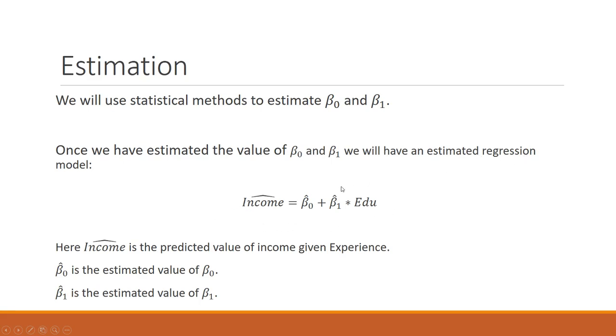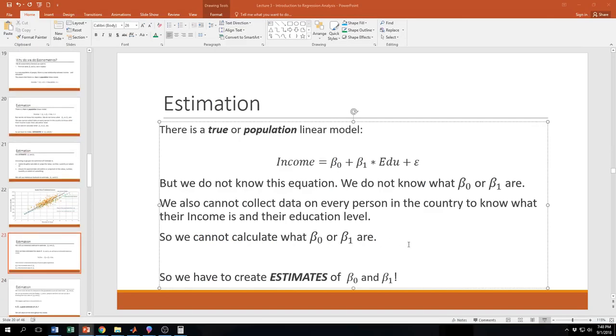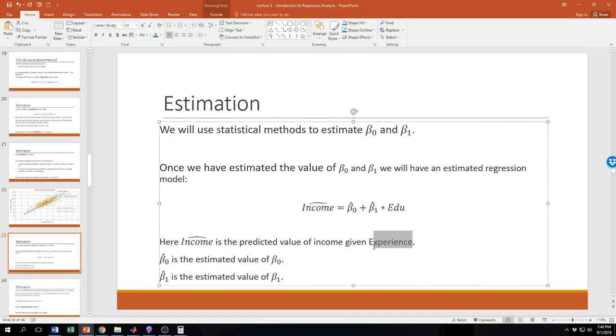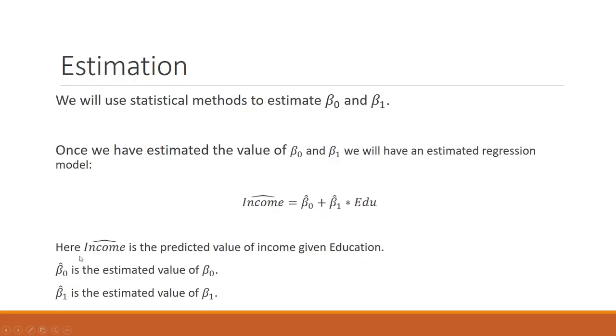So now this is our estimated regression model. Here, income hat is the predicted value of income given education.